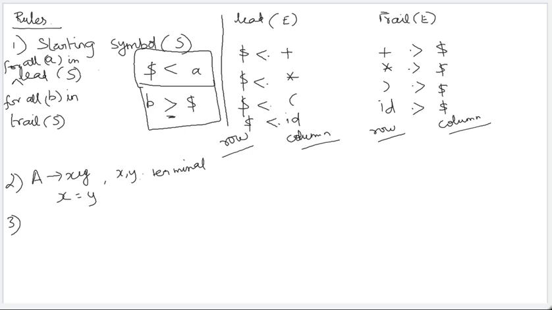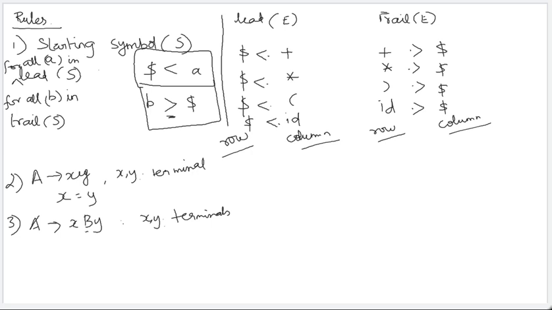The third rule says if you have a production in this format, that is A tends to small x, capital B, small y. Here again x and y are terminals. So what is the relationship? Two terminals are separated by a non-terminal.